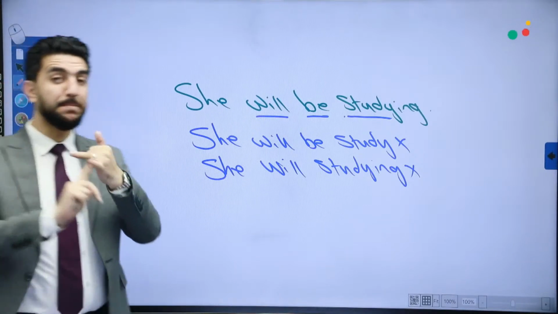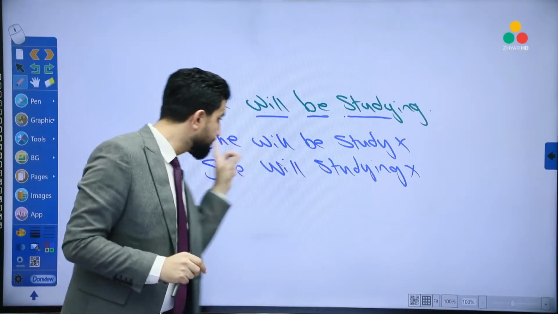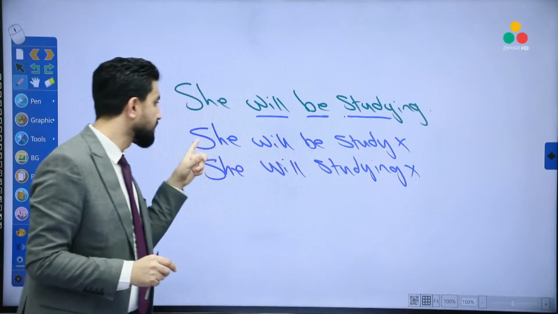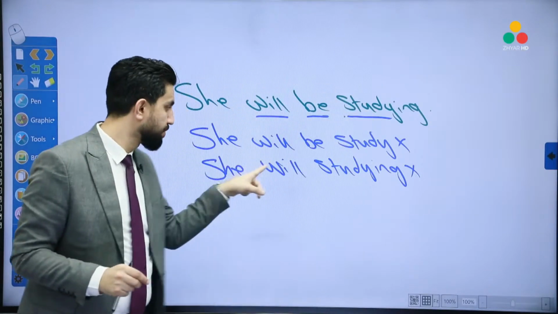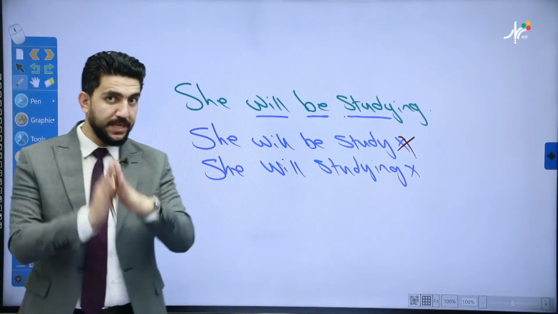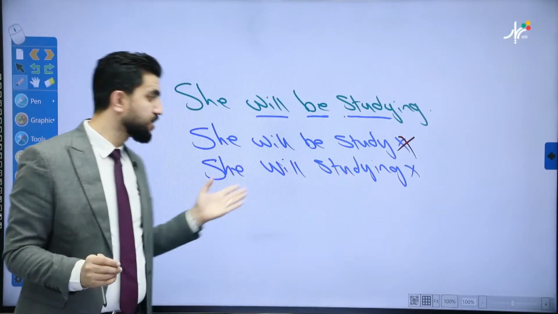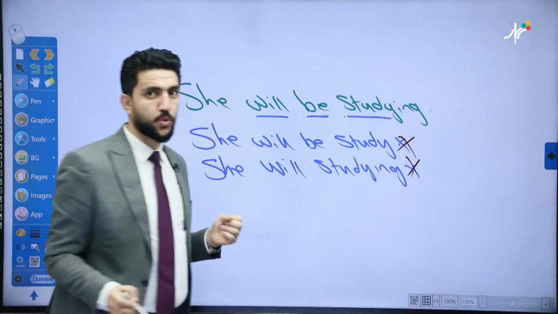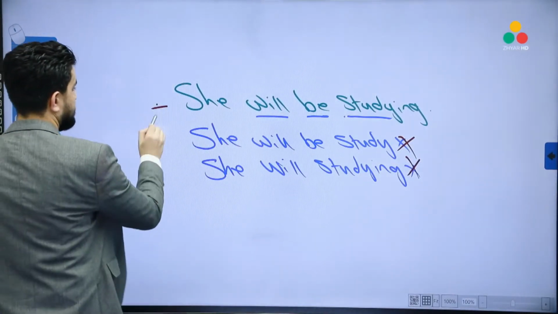Look, the rule says be and verb ing. Here we have be, right? But do we have ing? No, of course we don't. So that's wrong. She will studying. The rule says be and ing. Here we have ing, but where's be? We don't have be. So this one is also wrong when it comes to positive.